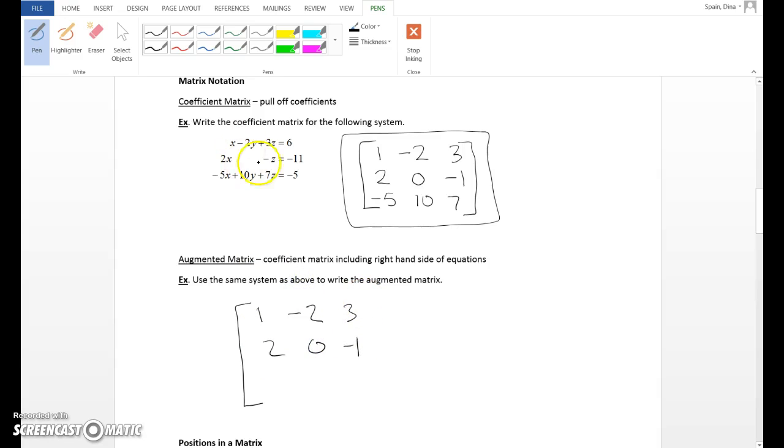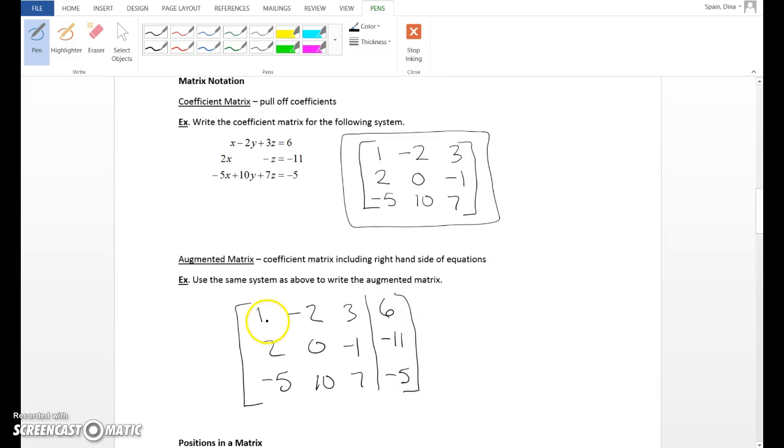We're using this exact same system back here. It says use the same system above to write the augmented matrix this time. So start with your coefficient matrix. Then here's the augmented part. You put a straight vertical line after your coefficient matrix, and then you write the right-hand sides. You can think of that straight line right there as like an equal sign.